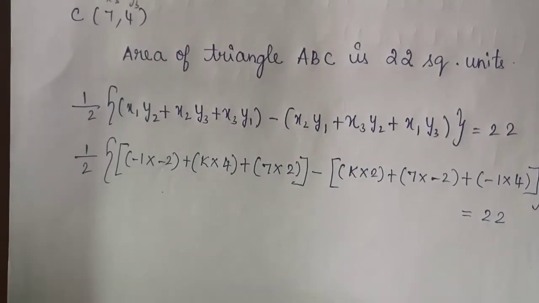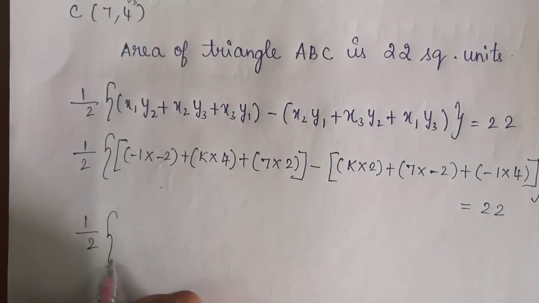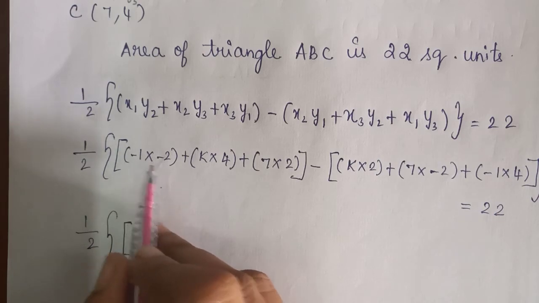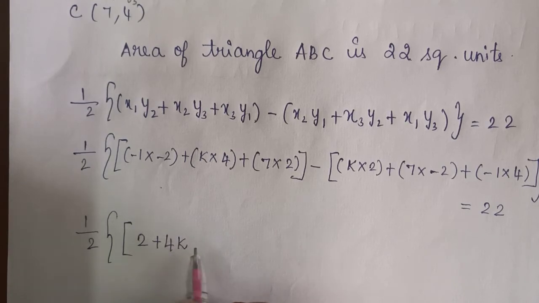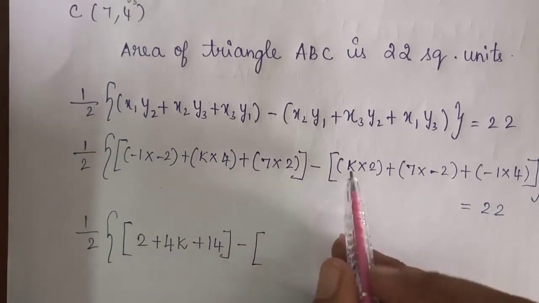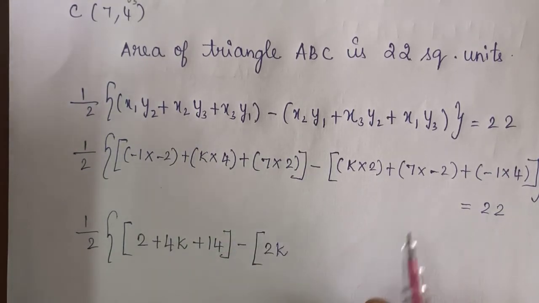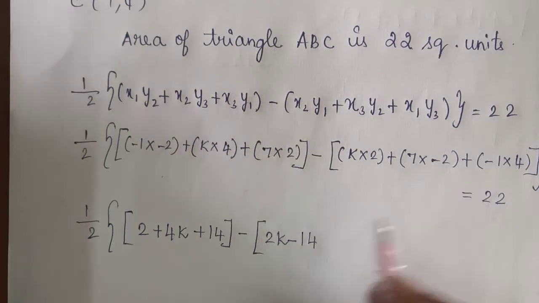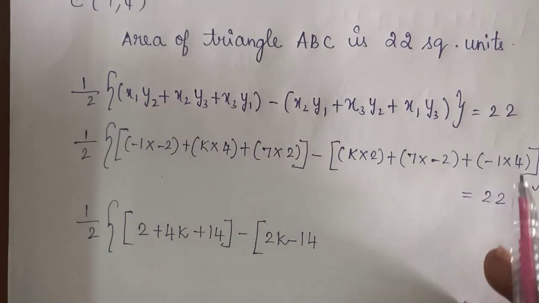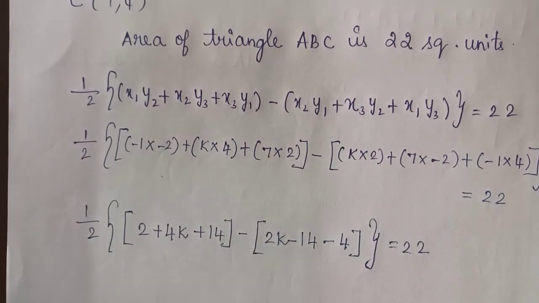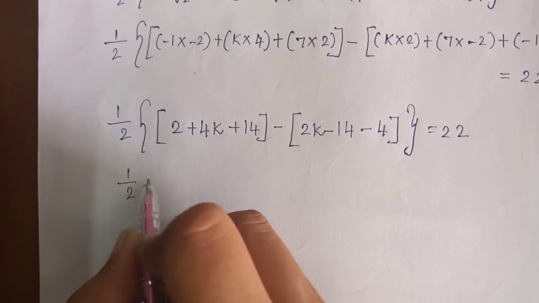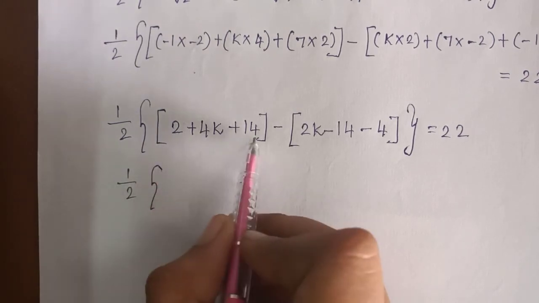The next step, 1 by 2 into minus into minus plus, 1 2s are 2, plus k into 4 is nothing but 4k, plus 7 2s are 14, minus k into 2 is 2k, plus into minus is minus 7 2s are 14, plus again you have one minus, so minus into plus minus, 1 4s are 4, which is equal to 22. Then the next step is 1 by 2 into 2 plus 14.